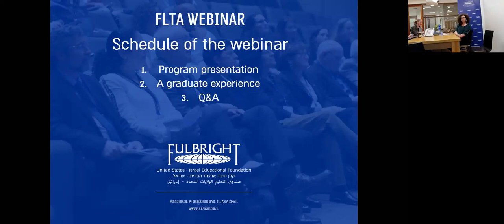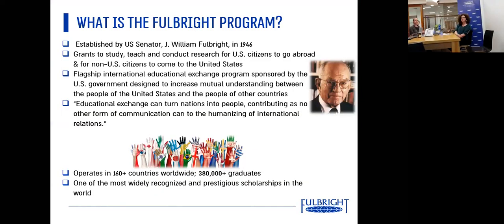So let's begin. What is the Fulbright program? The Fulbright program was established by a US Senator, J. William Fulbright, in 1946. The Fulbright program basically gives grants to study, teach, and conduct research for US citizens to go abroad, and for non-US citizens like yourselves to come to the United States.